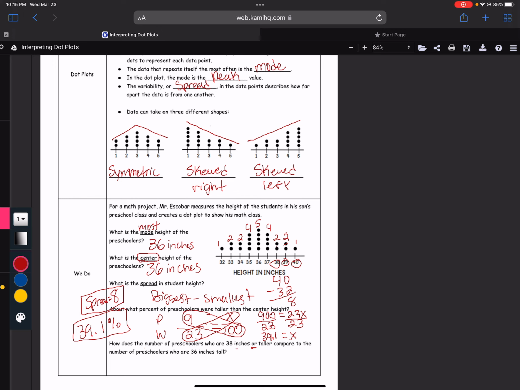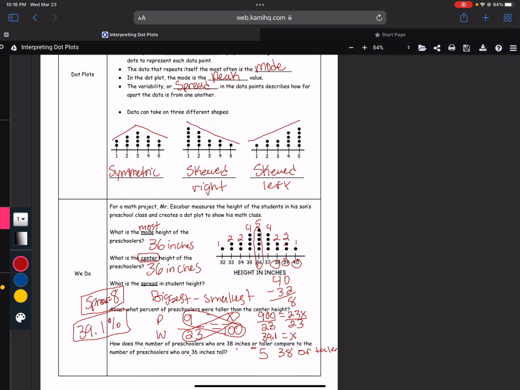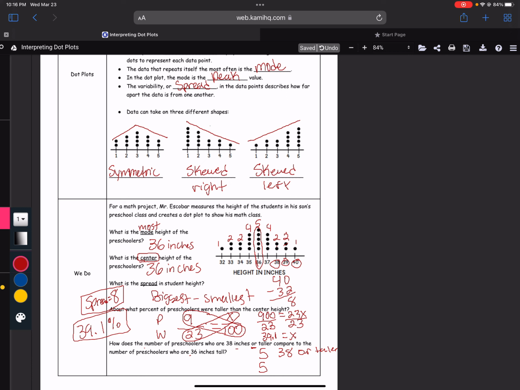So we have 2, 4, 5. We have 5 students 38 inches or taller. And then we're trying to compare them to the number of preschoolers who are 36 inches. So we're trying to compare it to the students who are 36 inches, which we notice there are 5 students 36 inches tall.